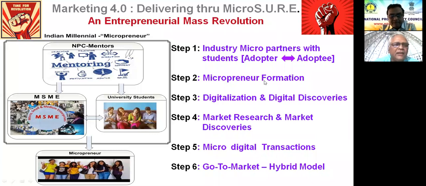See this left side, there is a full-fledged flow diagram. Let me brief this diagram also. NPC has national and international consultants and companies. Through them, they are already in the field of providing consultancy and training in the latest technologies. So through NPC, we will penetrate the MSMEs, small, medium, and even the large industries, to start consultancy and spread our wings. To start that consultancy as a hub and spoke model, we created 5 universities as centers of excellence for Industry 4.0 dissemination and consultancy projects through the university.